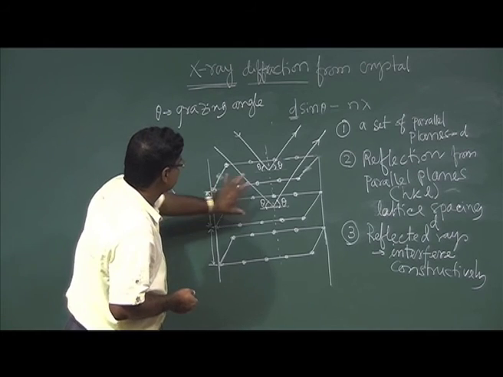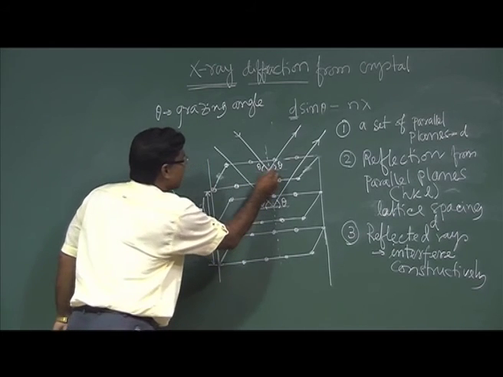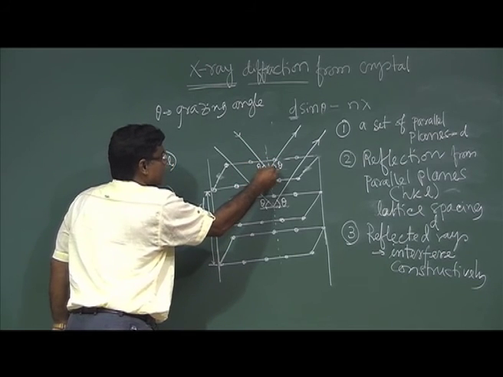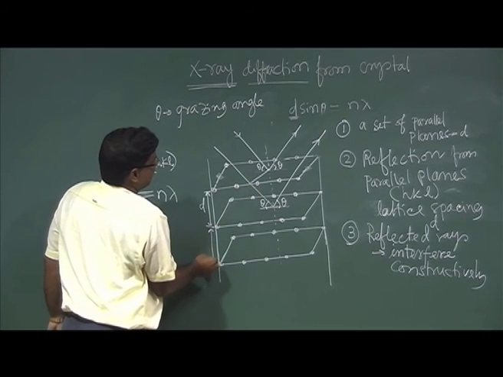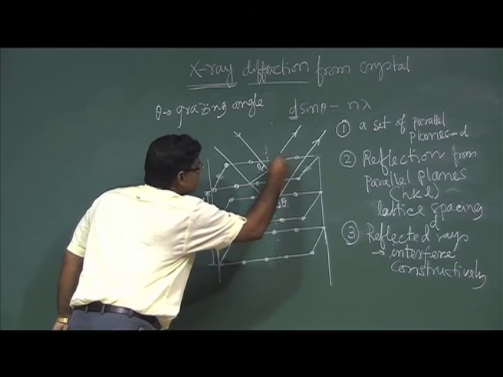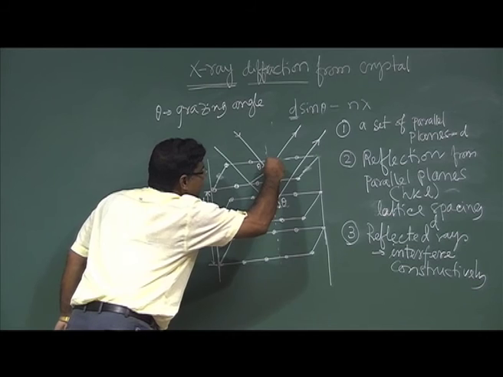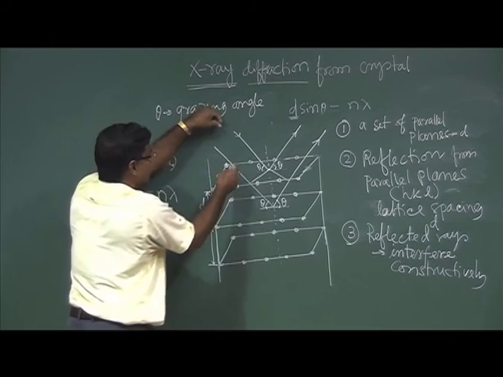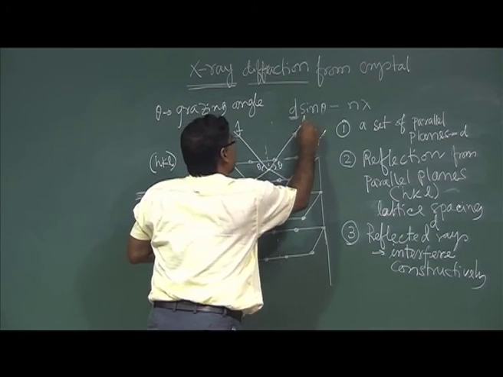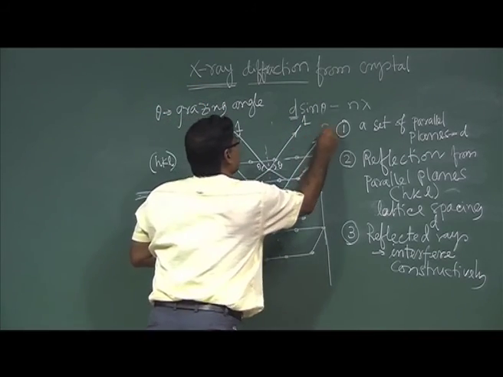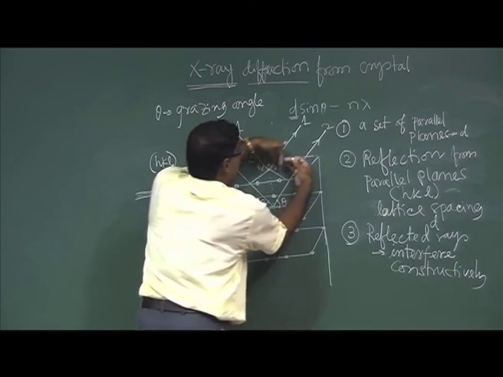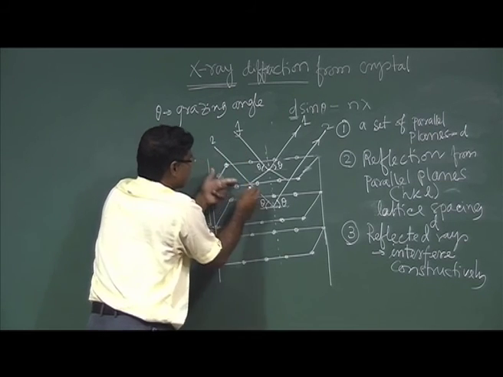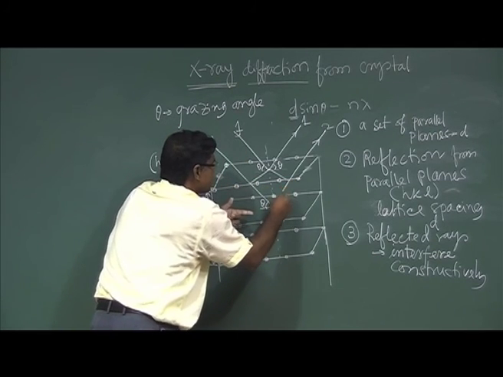This is d, this is d. Since these are parallel, just draw a normal from here. The path difference between ray 1 and ray 2: this path is the same for both rays, and only ray 2 travels the additional path, this and this.